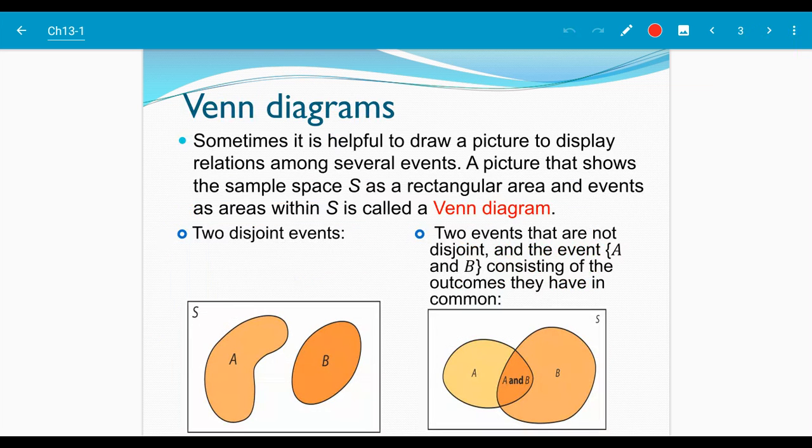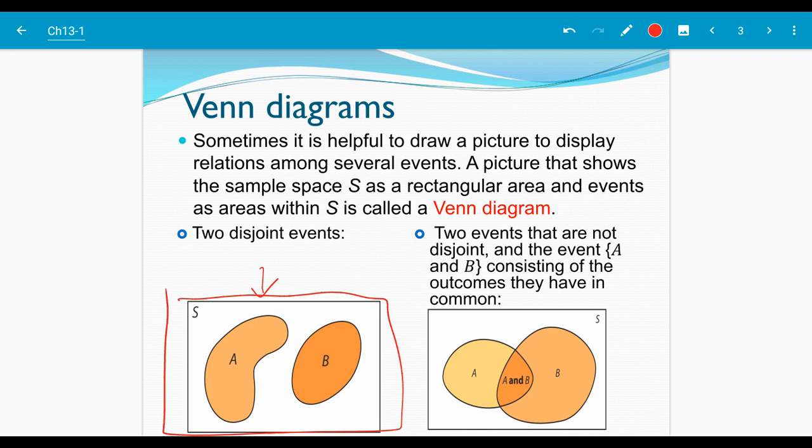So we can visualize this with a Venn diagram. You're familiar with this. If we had a disjoint set of events, then they're completely separate, no overlap between them. We see that down here with A and B. They both fit this sample space, or sometimes that box around is called the universe, but they're completely separate from one another.